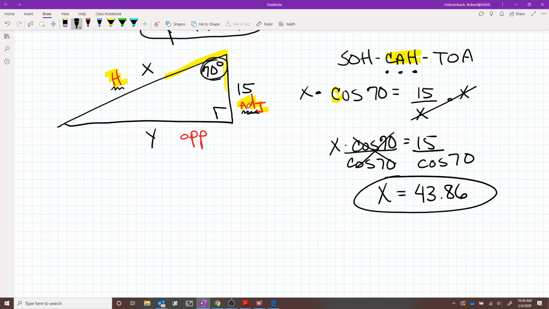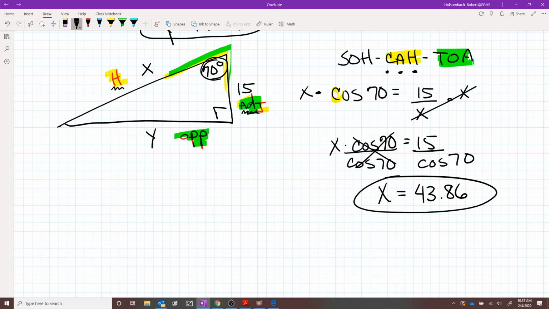So now, when we go to solve for the y, we're still using the 70, right? But now, when we're solving for y, we're using the opposite side and the adjacent side. So when you're using opposite and adjacent sides, you need to use the ratio that deals with opposite and adjacent, which is tangent, because tan equals opposite over adjacent.